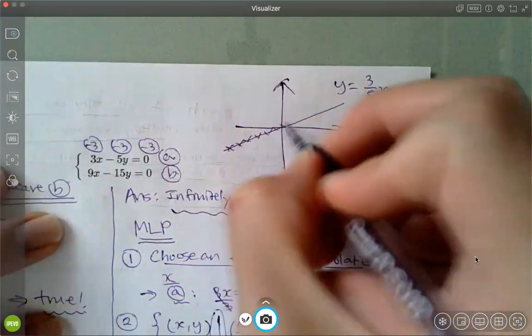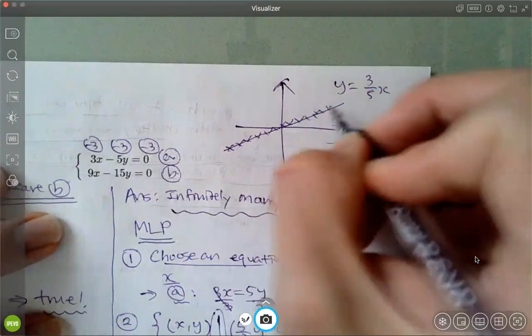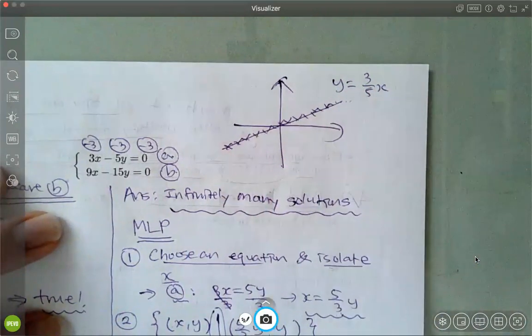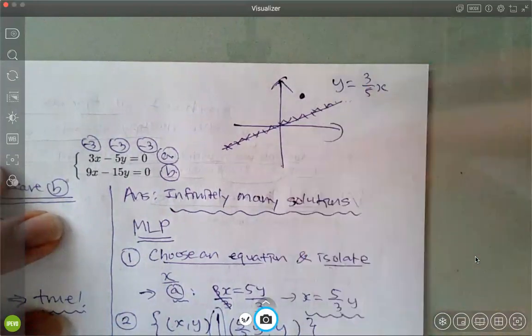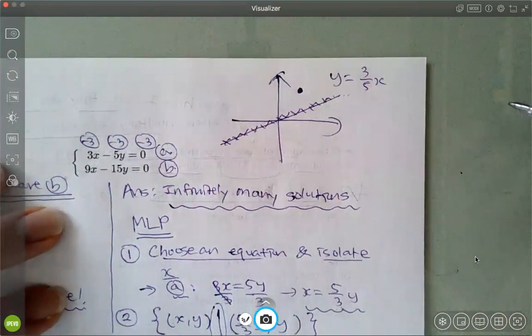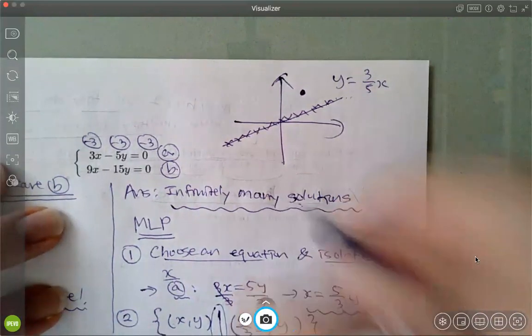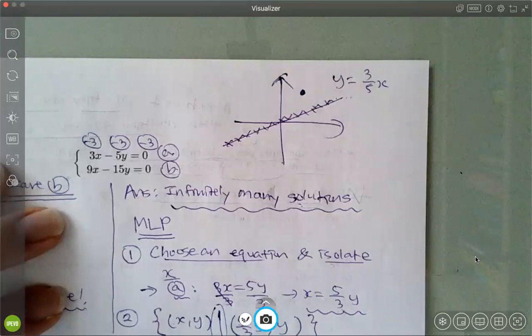Every point that lies on this line, which is just a lot of them, infinitely many points. So in particular, is this the solution? Whatever that point is. No, because it's not on the line. So that's why this is not the same thing as all real numbers. But still, the answer is infinitely many solutions.